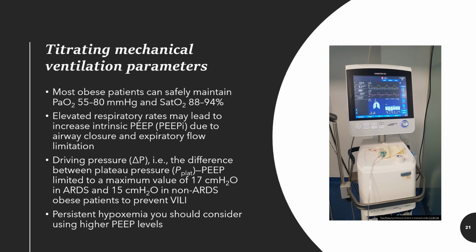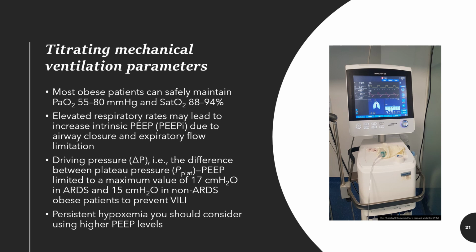Another very important thing is a lot of these patients have air trapping, which results in intrinsic PEEP. So you need to use strategies to reduce the likelihood of intrinsic PEEP, and you might want to measure it. Some of the signs of intrinsic PEEP could be a high respiratory rate.